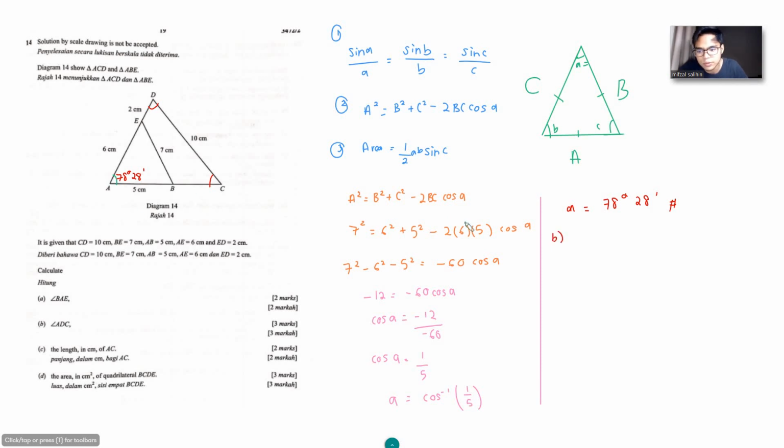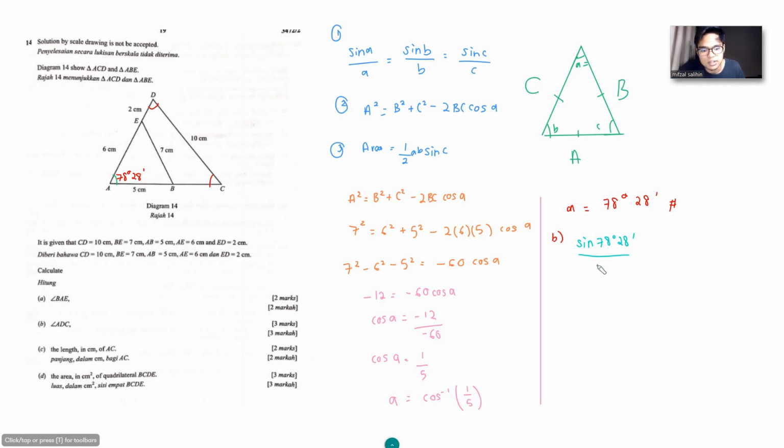So here is how we are going to do it. As we all know over here, sin 78 degrees 28 minutes divided by the opposite of sin 78 degrees 28 minutes, which is 10 cm. We are not going to use the value of 7 cm, because if we use the value of 7 cm, then we cannot find the value of ACD.